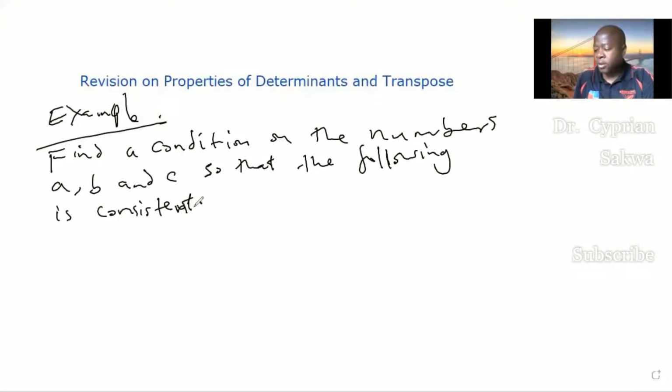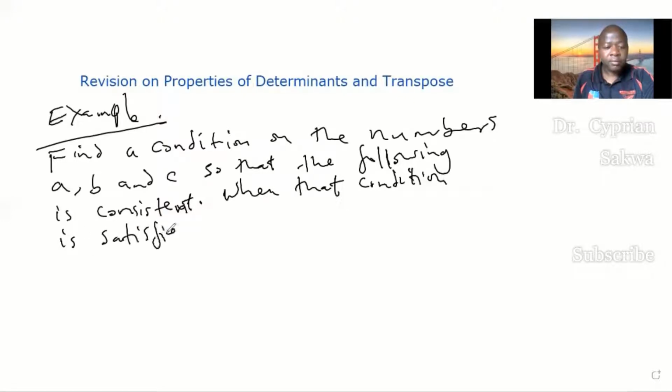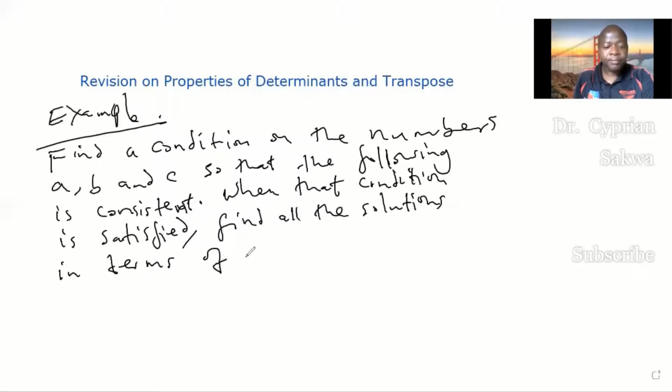And then the question says that when that condition is satisfied, find all the solutions in terms of A, B, C. So the question is, find a condition on the numbers A, B, C so that the following system is consistent.